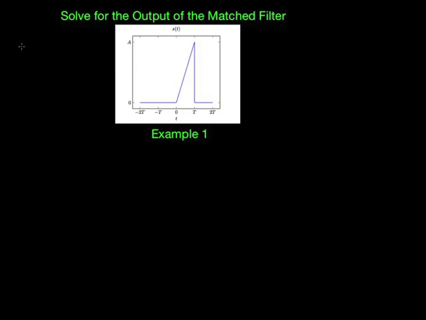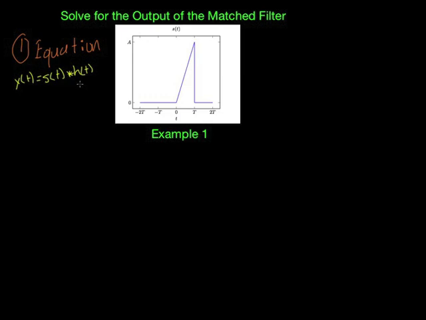But the first thing that we want to look at in this process is the equation, which I am writing on the board. The equation for the output of the matched filter is y of t, and y of t is equal to an input signal s of t convolved with the impulse response of the matched filter, h of t.